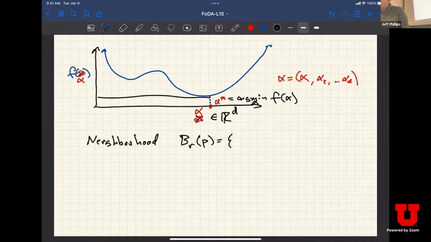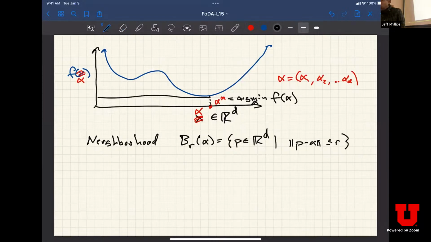So of a point alpha, the neighborhood is all the points P in R^d such that the distance between P and alpha, and we'll just use the 2 norm as the notion of distance, is less than or equal to R for some sort of radius, right?